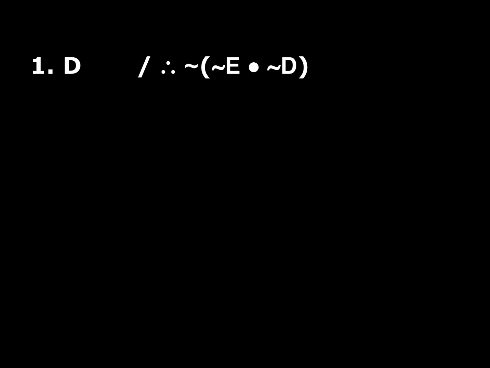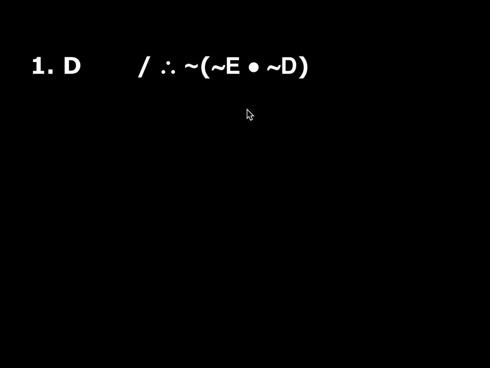Okay, let's do a proof. I'm looking at this and I'm saying, look, this is a negated conjunction. One way I could get this is if I have a disjunction, because De Morgan's lets me turn a disjunction into a negated conjunction.